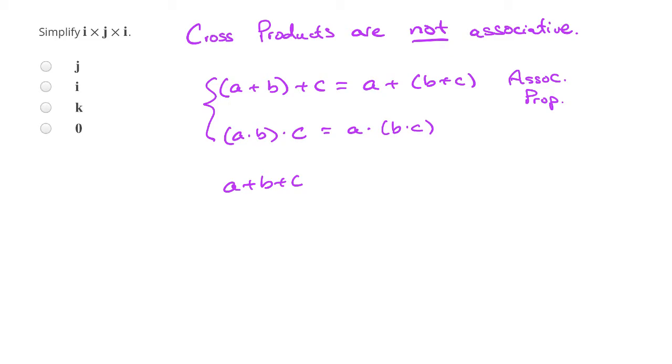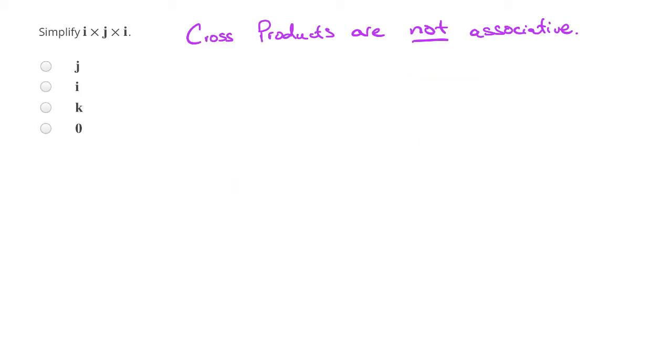And to see that's the case, consider the problem if we did i cross j and then cross j with itself. Because we're doing the parentheses first, i cross j is going to give us k. And so then j cross k was going to give us minus i.